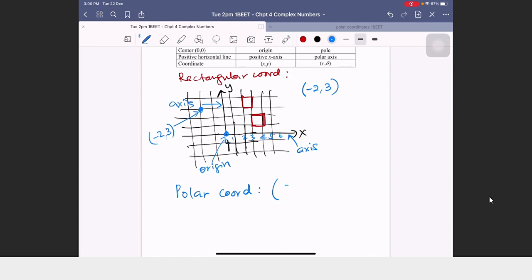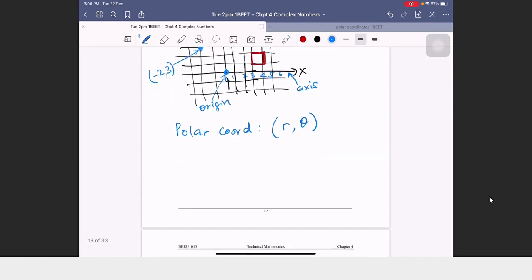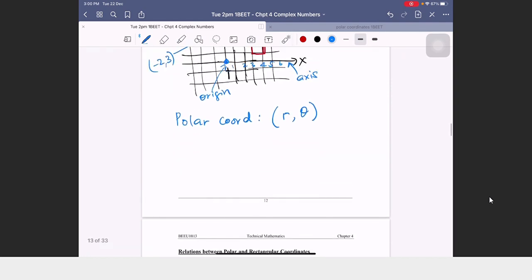So back to polar coordinate, it is represented by (r, theta), in which this r is a distance from the pole to the point.